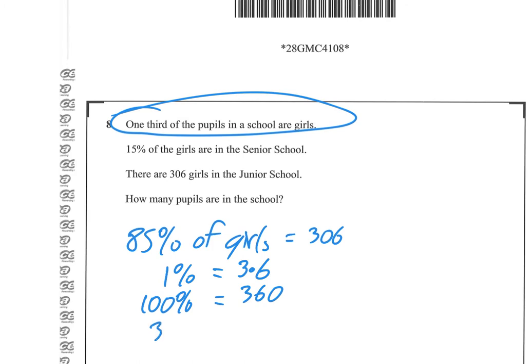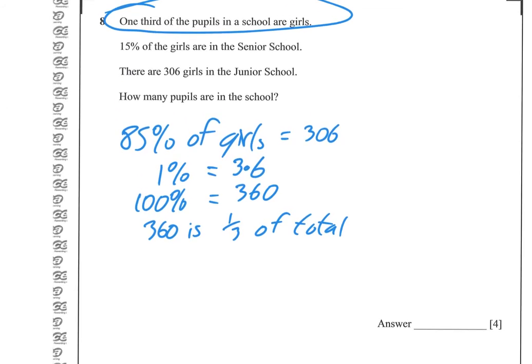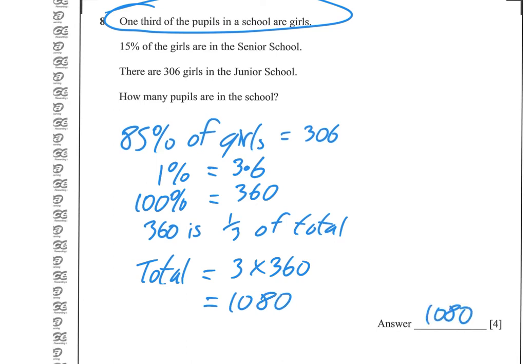So 360 is 1/3 of the total, and that means the total is going to be 3 times that, so 3 times 360, which is going to be 1080 in total. So that's your answer, 1080.